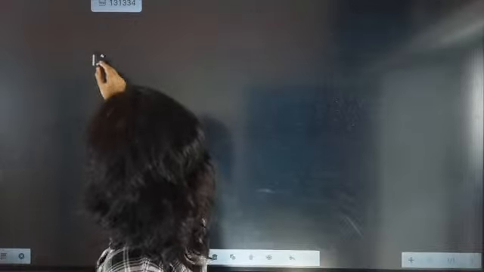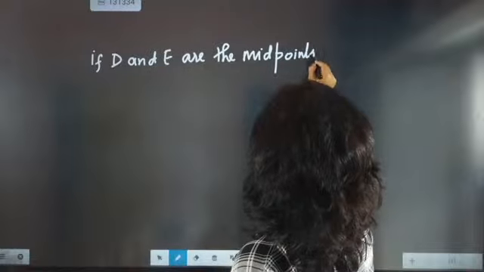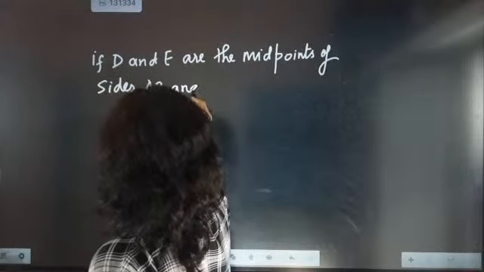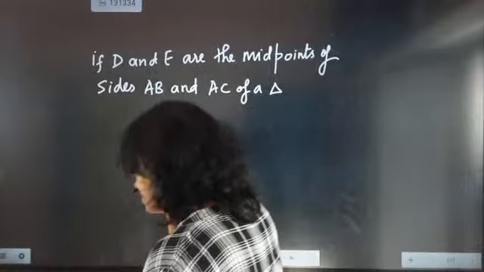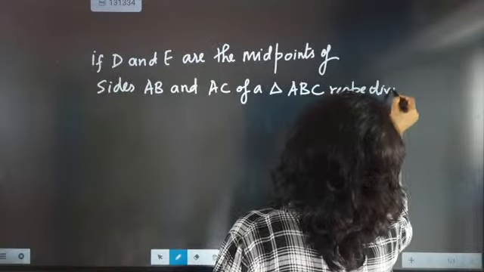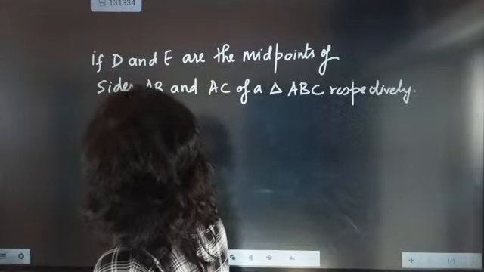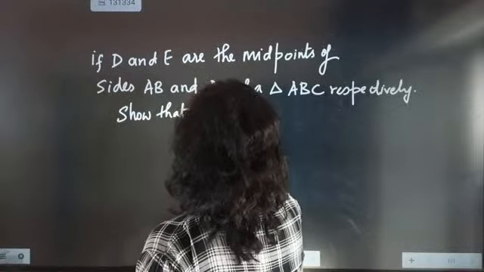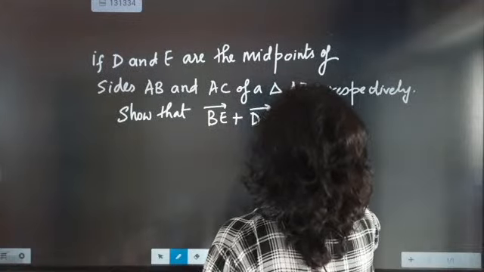Now this question is: if D and E are the midpoints of sides AB and AC of a triangle ABC respectively, show that BE vector plus DC vector equals 3 by 2 BC vector.